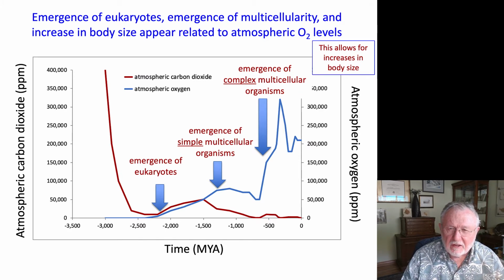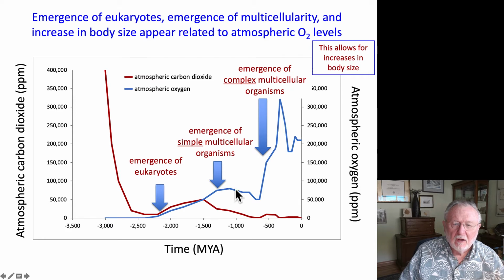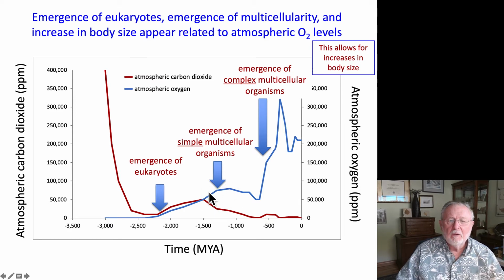Paleobiologists consistently see these trends: after snowball Earth 1, when we have the increase in oxygen concentration, we find the evolution of eukaryotes. When oxygen levels got to a certain threshold value, we find simple multicellular organisms.